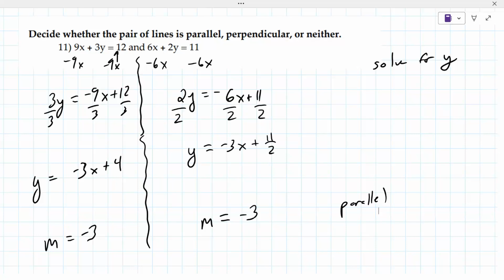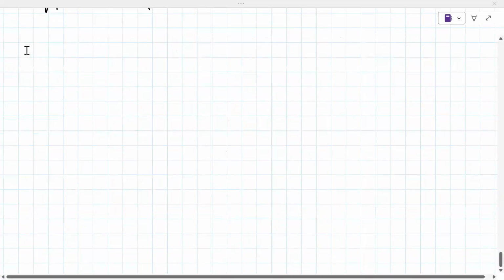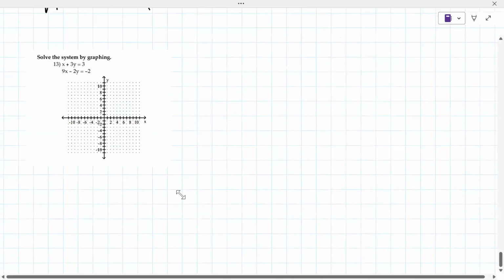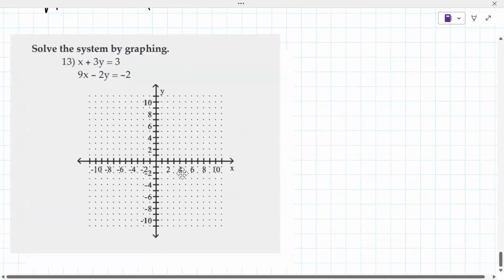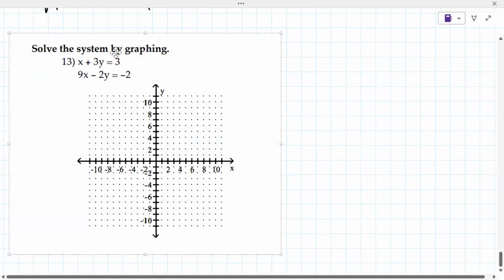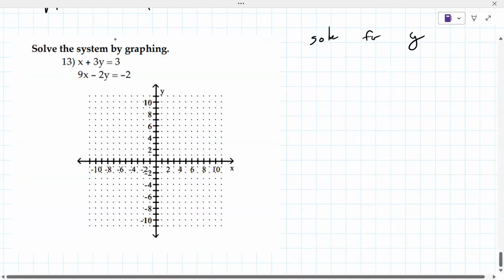Okay. All right. Ready to move on to 13? Yes. Okay. All right. So the best way for you to be successful in this type of problem is to solve for y, just like in the previous problem. So do you want to solve for y in the first equation or the second equation? The second one. Okay, so give the second one a try.